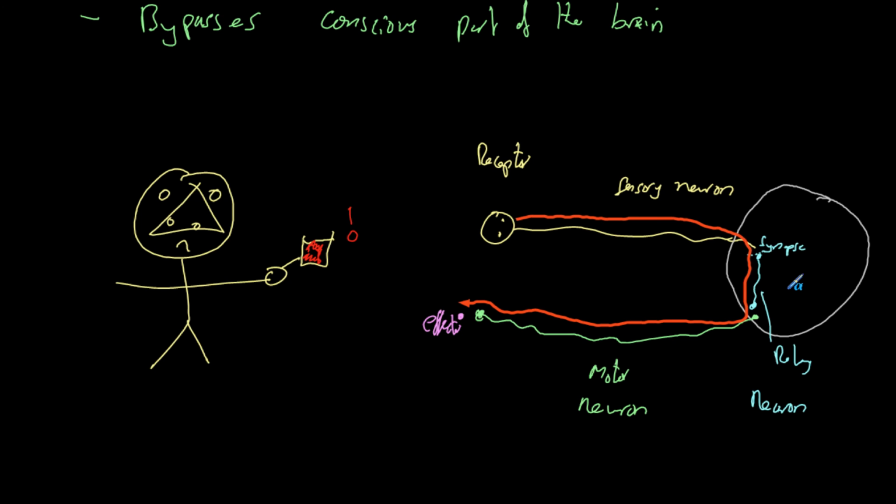Your hand has moved without you thinking about it, but obviously your conscious part of your brain knows that the action has happened. That's because the signal is sent to the conscious part of your brain, but that will be slower than just using the reflex arc. So it's very important in terms of surviving and protecting yourself against damage, and this is how it works.